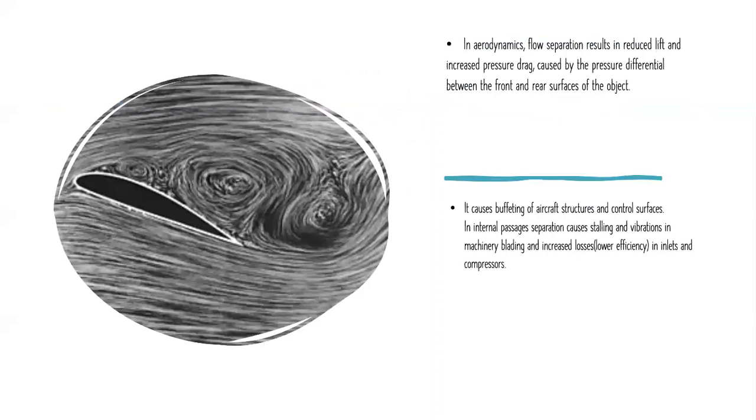See here, this is the one which explains it in a deeper pictorial way. In the picture, you can see the flow over an airfoil, and there are vortices forming here.